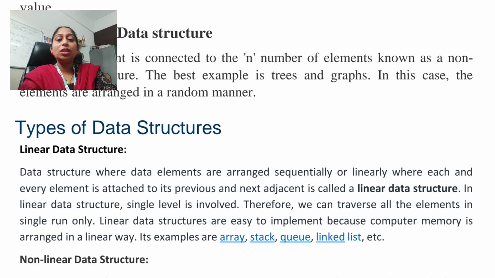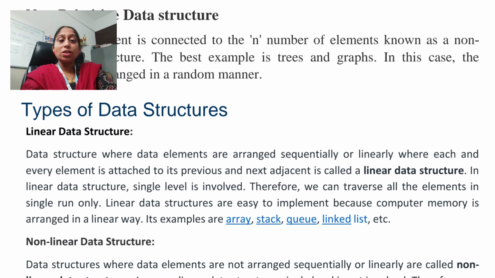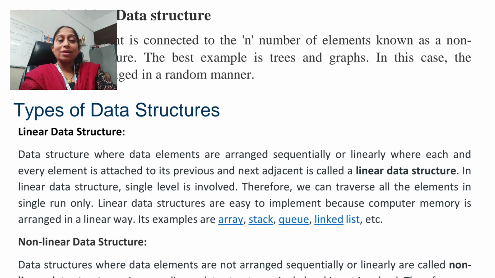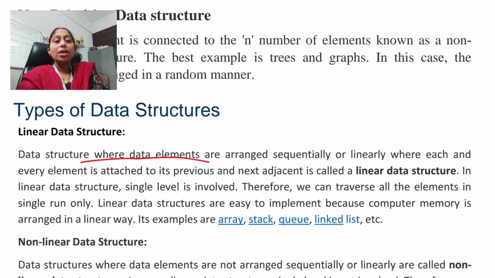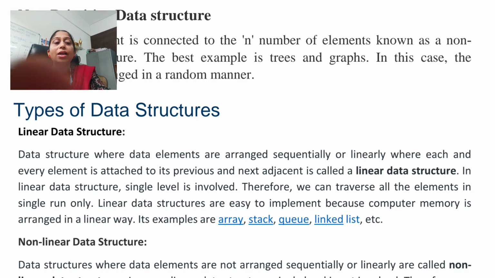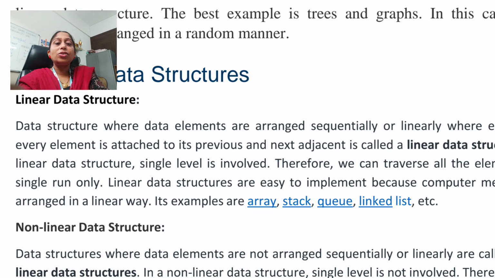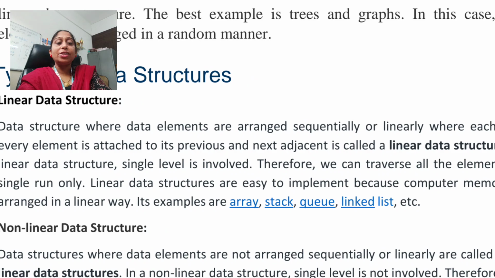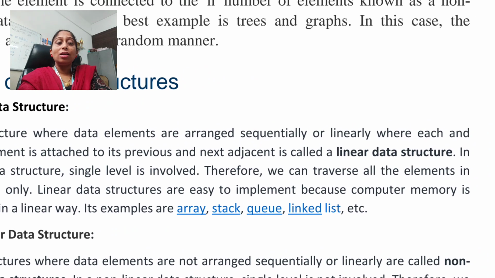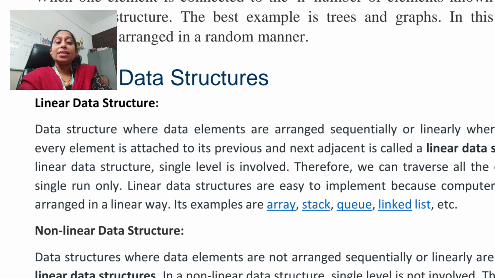Now, considering how data is stored in memory, how we can access it and arrange it, we again have two types: linear data structures and non-linear data structures. It is very important to understand that linear data structures are arranged sequentially. It is a data structure where data items are arranged sequentially or linearly, where each element is attached to the previous and the next element.